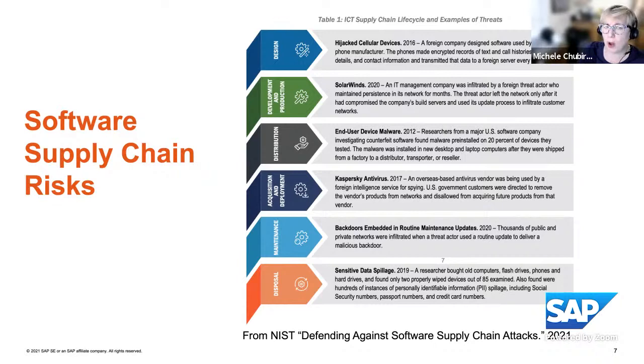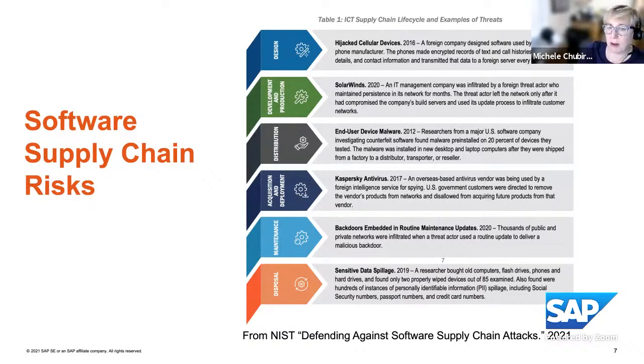But I think we're all aware of some of these, design phase. For example, they provide examples from NIST. Hijacked cellular devices, which was a hardware attack. We all know about the SolarWinds compromise, end user device malware, because you're involved, of course, in the interaction with software.